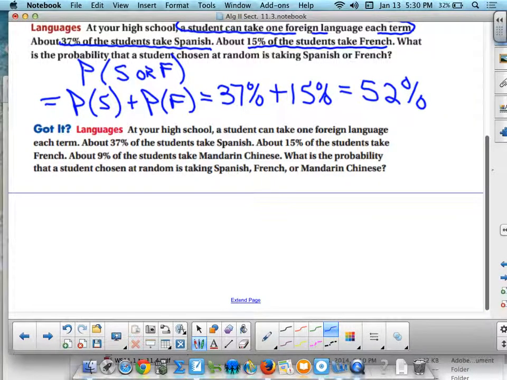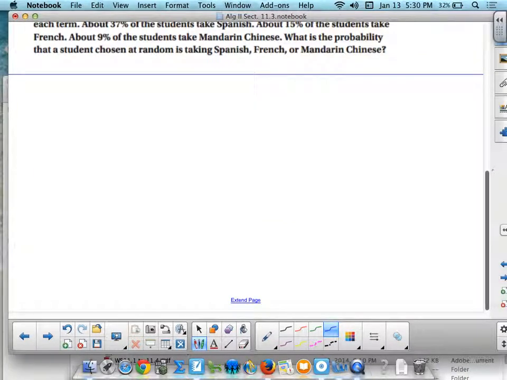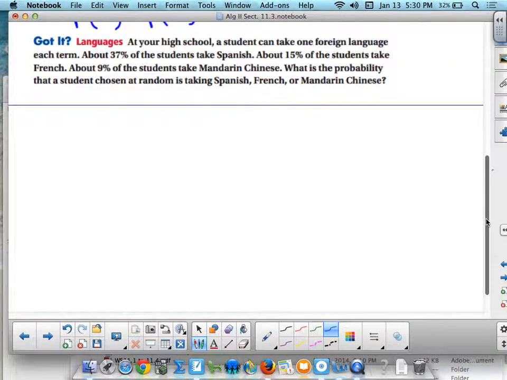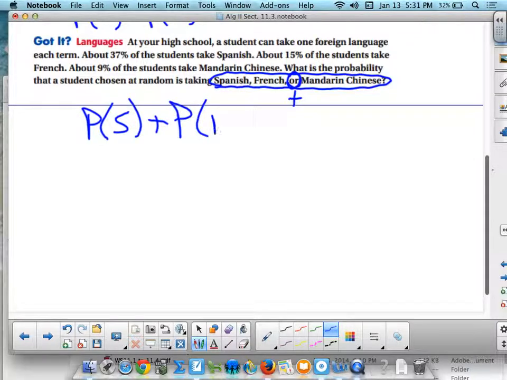Okay, this is not the same problem, but very similar. And it talks about taking 3 classes. Well, what 3 classes? Again, Spanish, French, or means to add your probabilities, Chinese, Mandarin Chinese. So what's the probability of doing all this? Spanish, probability of taking French, probability of taking Chinese, Mandarin Chinese.